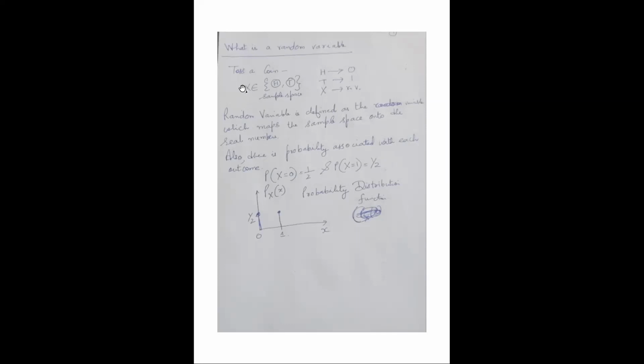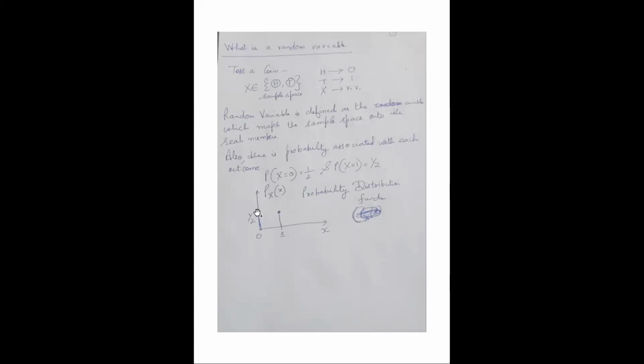For this example, probability of x equal to 0 is half, and probability of x equal to 1 will be half, if the coin is unbiased. So these are the probabilities associated with each value of the random variable.